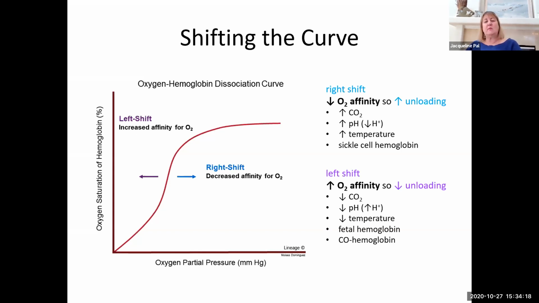The one thing I want to point out here is carboxyhemoglobin, which is what happens when you're breathing in carbon monoxide gas, and it's shifting everything to the left. What that means is it's holding on to the oxygen much tighter, meaning it's harder to release oxygen to your tissues.